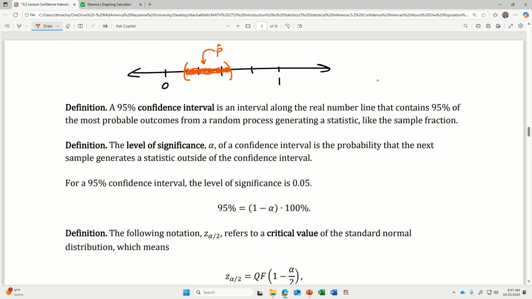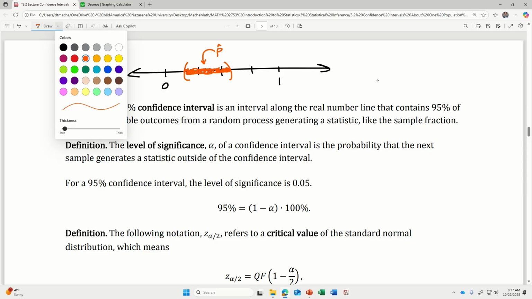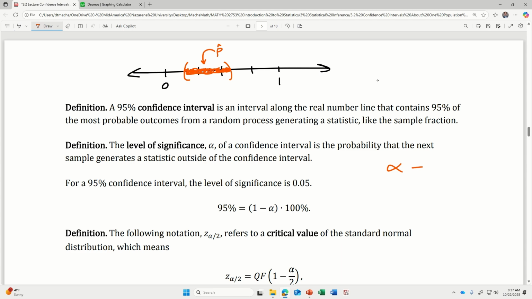There's some other definitions that we need to know, like the level of significance. We're going to use the lowercase Greek letter alpha to represent the level of significance. So every confidence interval has a level of significance. And the level of significance is the probability that the next sample we take and the next sample fraction we calculate is going to be outside of the confidence interval.